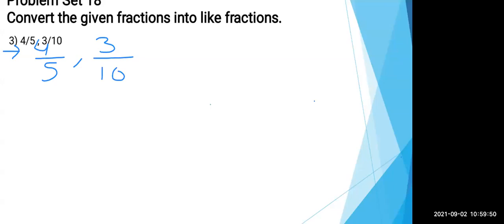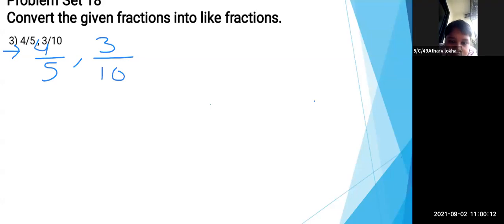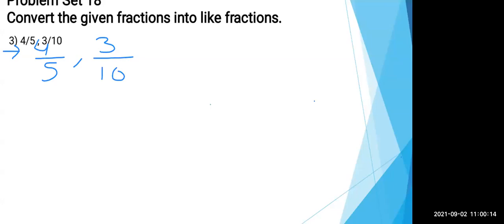Now here the denominators are same. Yes, Atharva. One more time, I have unmuted you. Yes, teacher. Here the denominators are same. No. No, na. So what we have to do? We have to make the denominator.